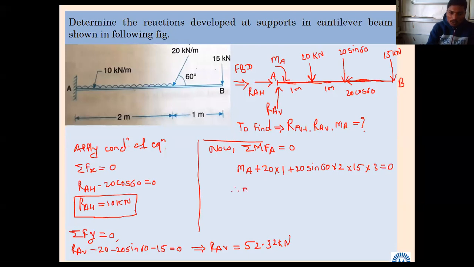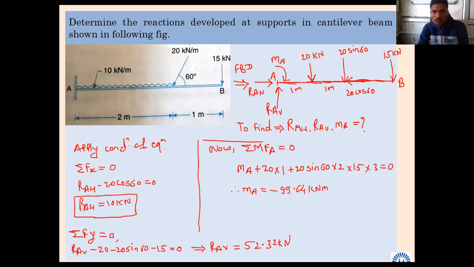From this you will get MA equal to how much you got? Minus 99.64 kilonewton meter. What this indicates?